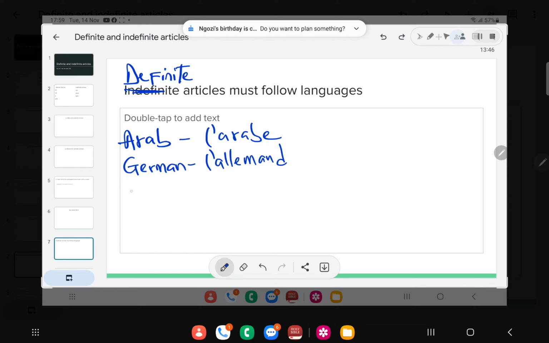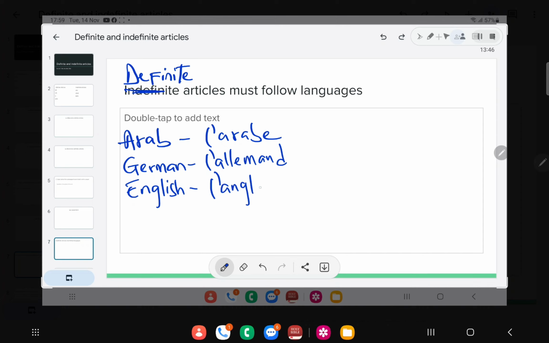If I wanted to say English, it would be l'anglais. If I wanted to say Spanish, it would be l'espagnol.